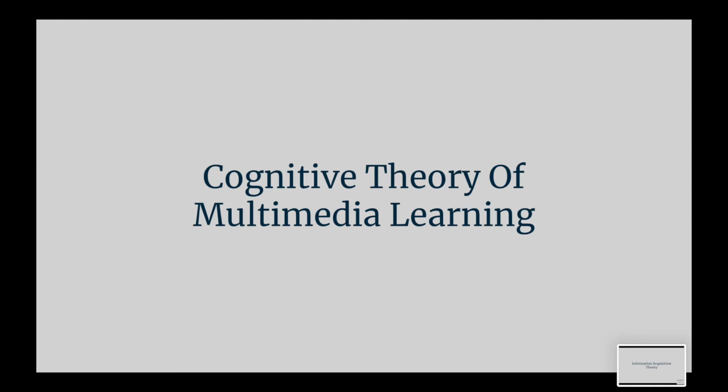In contrast to the information acquisition view, the cognitive theory of multimedia learning is based on the assumptions that 1. All people have separate channels for processing verbal and pictorial material. 2. Each channel is limited in the amount of processing that can take place at one time. And 3. Learners actively attempt to build pictorial and verbal models from the presented material and build connections between them.